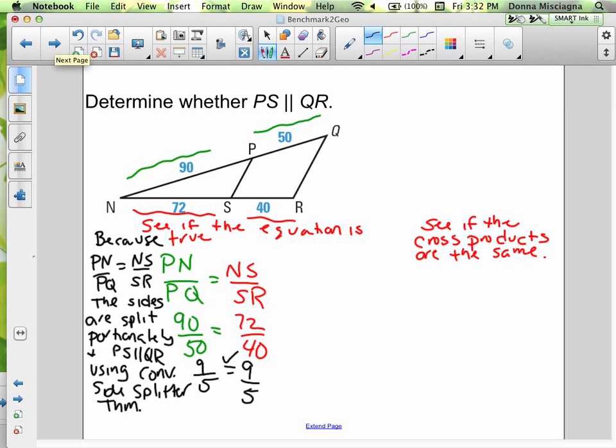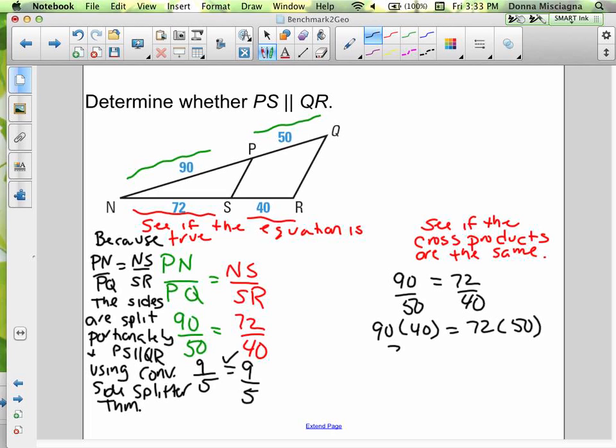We start off the exact same way. 90 over 50 equals 72 over 40. The only thing about this one is the numbers are a little larger, so reducing was probably easier, but I just want to show you another way. 90 times 40 equals 72 times 50.